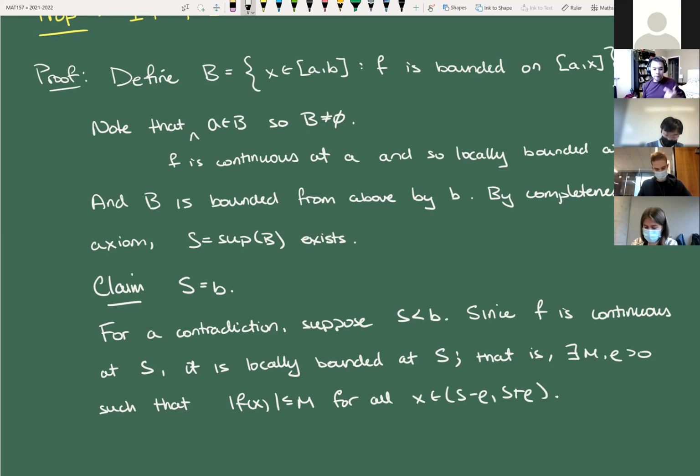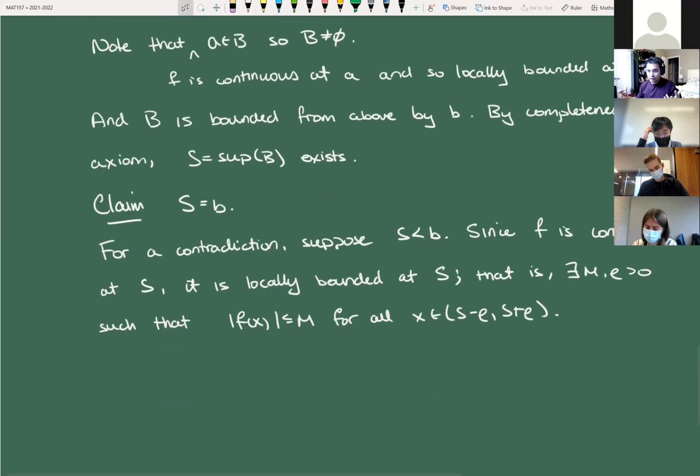Right? So this actually means now that F is bounded. There isn't much argument here. If you know that you're bounded up until S and that you're locally bounded also on an open neighborhood of S, then you're certainly bounded all the way up to S plus rho. And it's 2 lines to put that together.